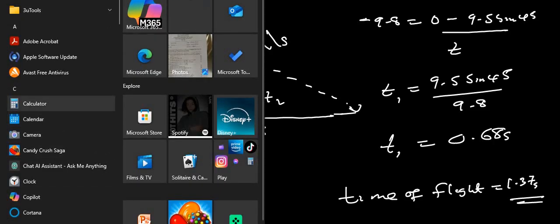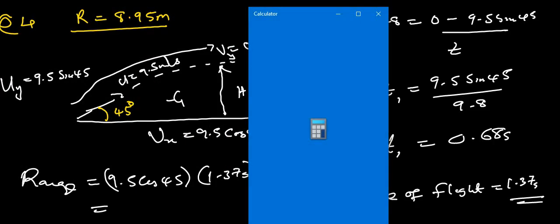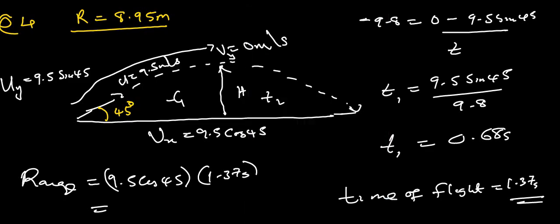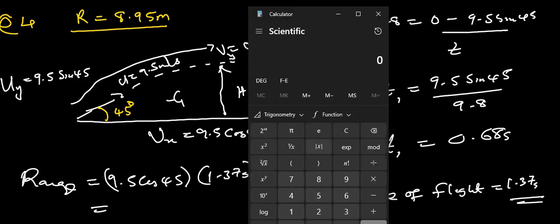So the time you're using is the 1 point, okay, so this is what you first of all had, 9.5, or rather let me just punch this first. You punch the trig, just a minute.